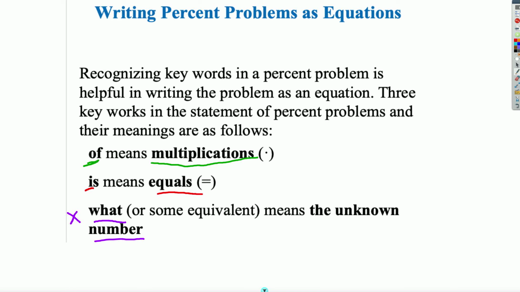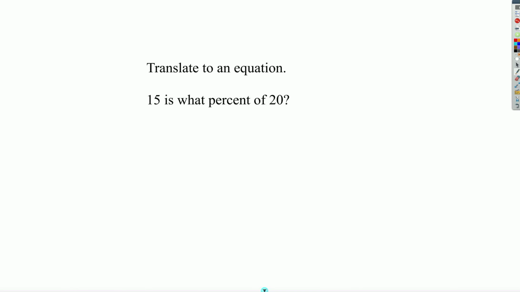So we'll just jump right into an example. It says, translate to an equation. 15 is what percent of 20? Let's say that I want to answer it. The best way to attack these problems is to rewrite them with symbols and numbers. I'm going to start with 15, which is just a number.